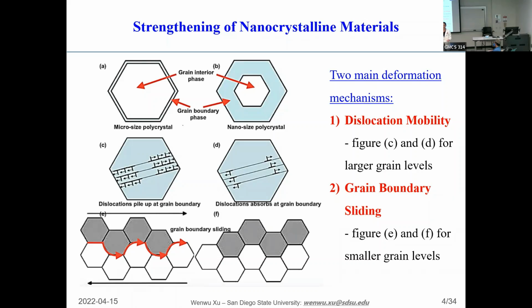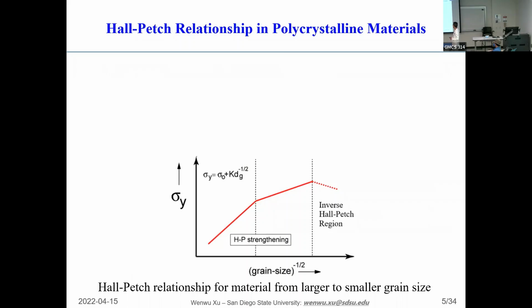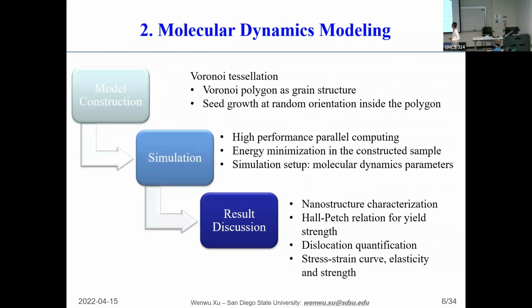Now, for each different type of material, this is not necessarily very helpful for us, because we want to know more about the quantitative information so that we can use this as a design base. And that's what we are going to do using molecular dynamics simulation, to quantify those deformation mechanisms as a function of the grain size, so that we will be able to have a better design.